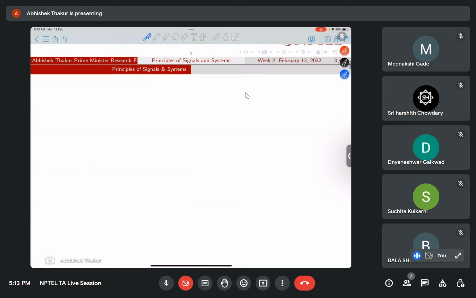So when you combine both additivity and homogeneity, what will it be? See here, if x1(t) plus x2(t) is given to a system S, then it will produce the output y1(t) plus y2(t).